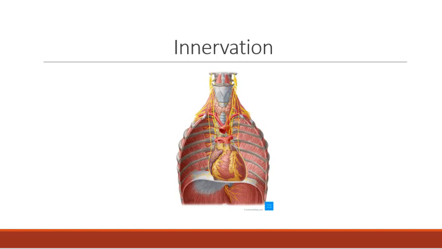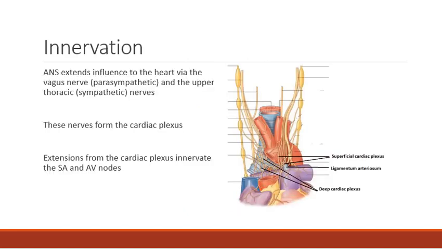The rate of this impulse formation is regulated by the autonomic nervous system. The autonomic nervous system extends influence to the heart via the vagus nerve and the upper thoracic nerves. These nerves form the cardiac plexus. Extensions from the cardiac plexus innervate the SA and AV nodes.